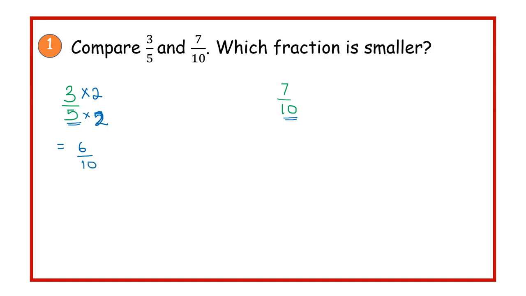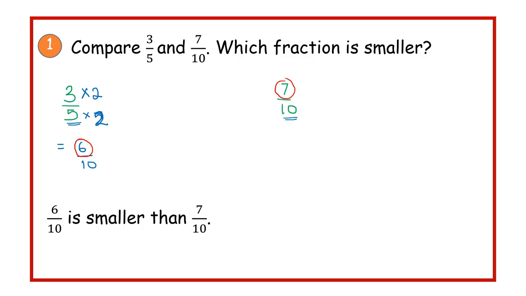Now, we will compare 6 out of 10 and 7 out of 10. By doing that, you can see that 6 is smaller than 7. Therefore, we say that 6 out of 10 is smaller than 7 out of 10.